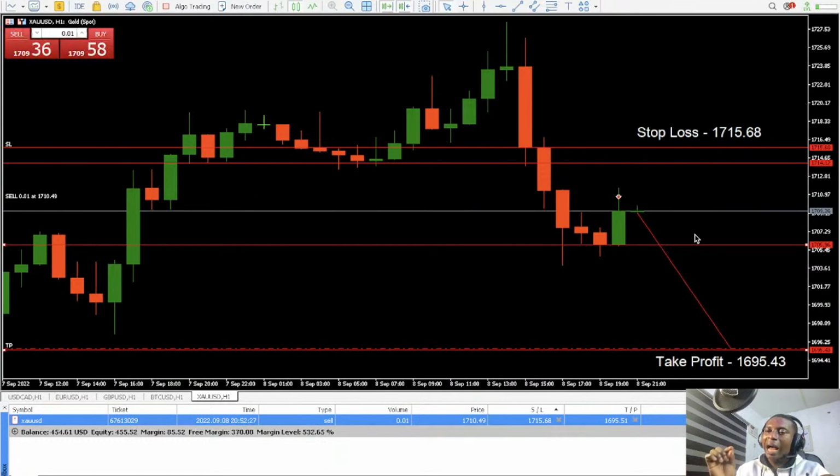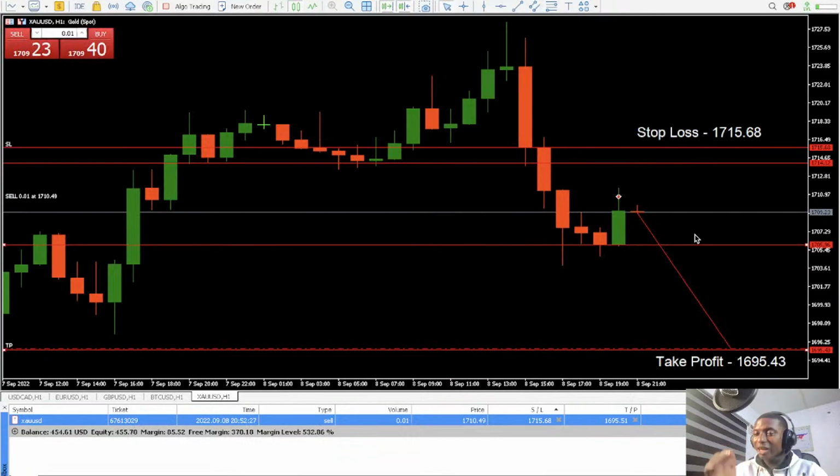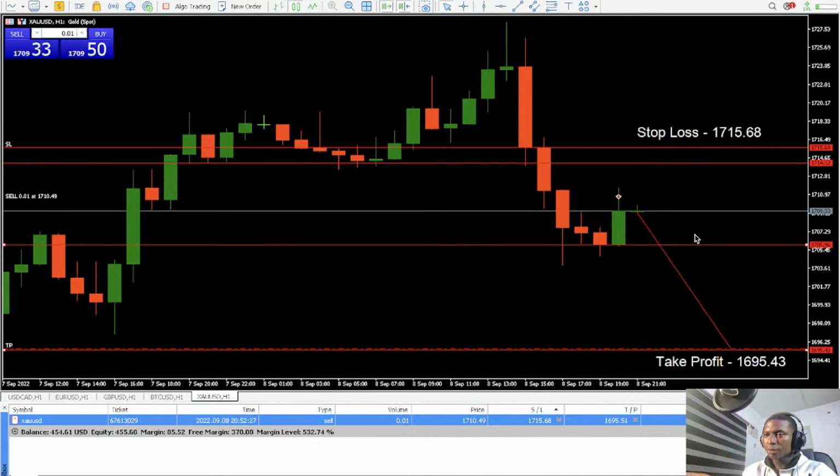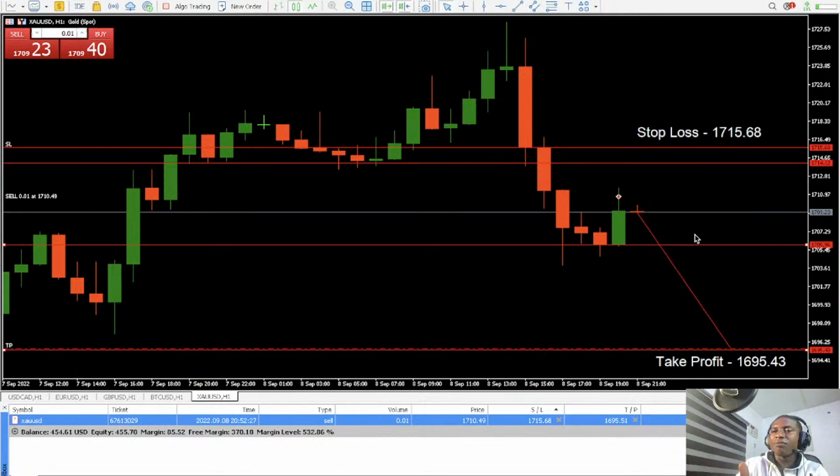Three, what are the last three candlesticks on the daily time frame, the last three candlesticks on the 4 hour time frame, the last three candlesticks on the 1 hour time frame? What are they saying? As you can see, I started with the daily time frame, then the 4 hour time frame, then the 1 hour time frame. That is called multiple time frame analysis. We use multiple time frames to analyze the market.